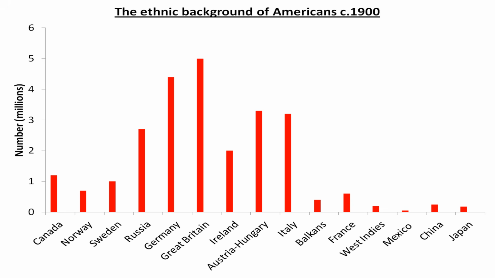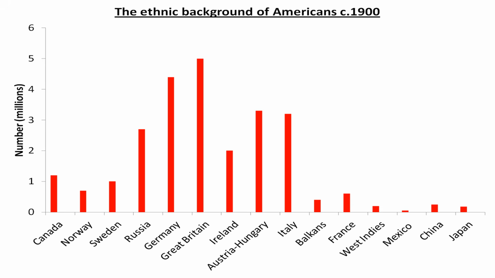But back to the graph, as we can see, we have quite a wide variety of different countries that have people migrating to America, and there are lots and lots of different reasons why. You may well in your lessons have looked at the idea of push and pull factors. What was it about where they were living that was pushing them away, and what was it about America that was pulling them towards it?